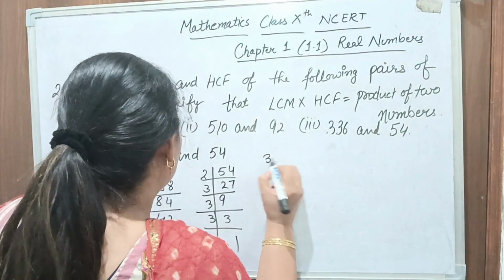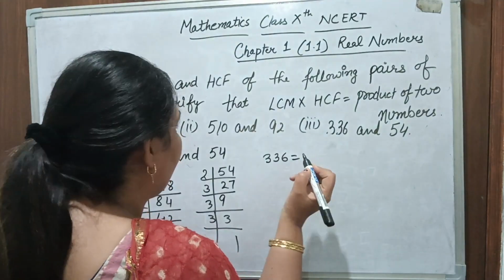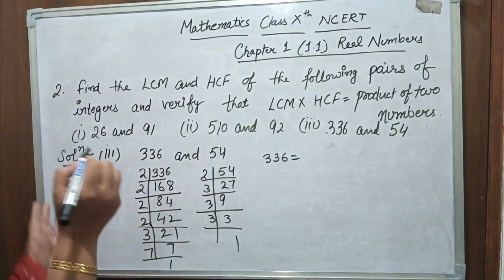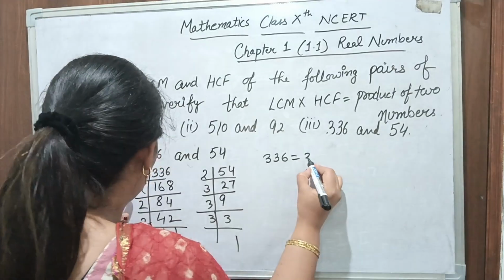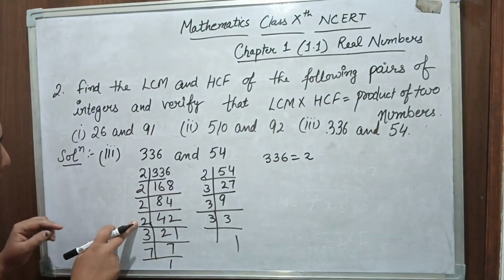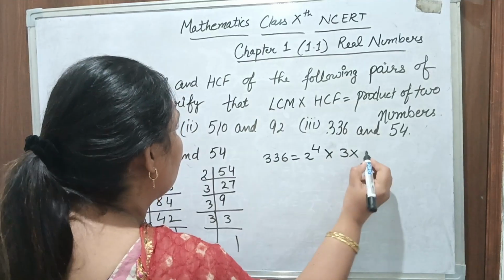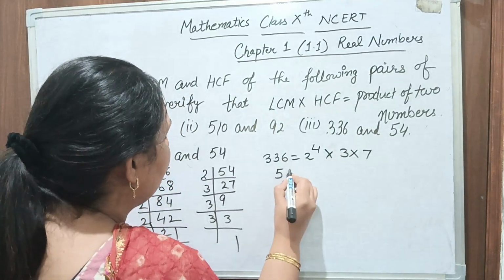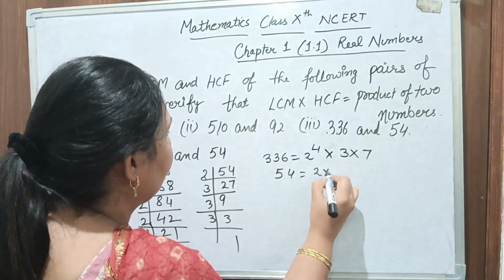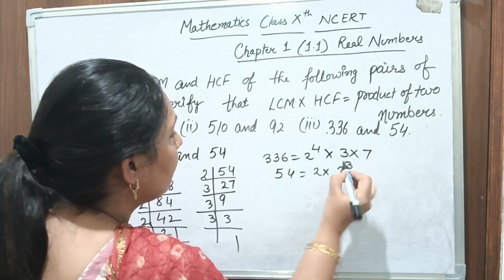Now express both the numbers as the product of their prime factors. 336 is 2 power 4 into 3 into 7. 54 is 2 into 3 raised to the power 3.